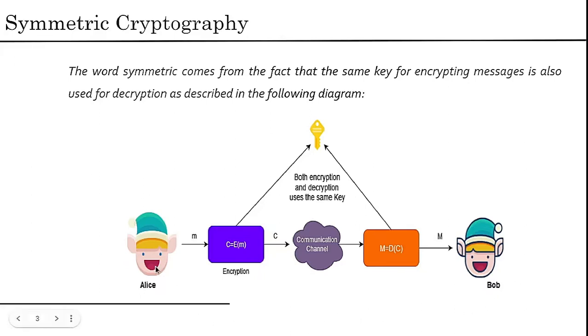Alice uses the same key for encrypting the message M via the function E for encryption, and sends C. Bob retrieves C via this communication channel and decrypts it using the same key to get the message M. Since the same key is used for both encryption and decryption, we call this symmetric cryptography.